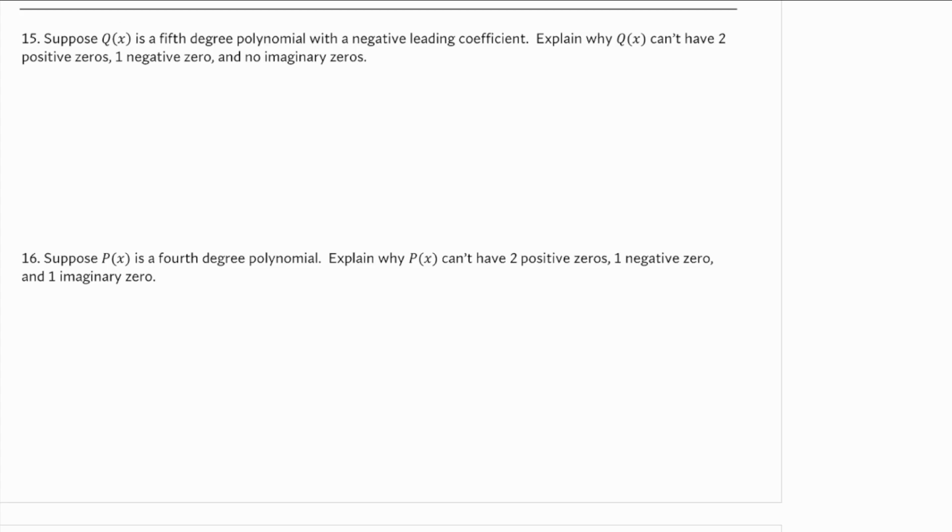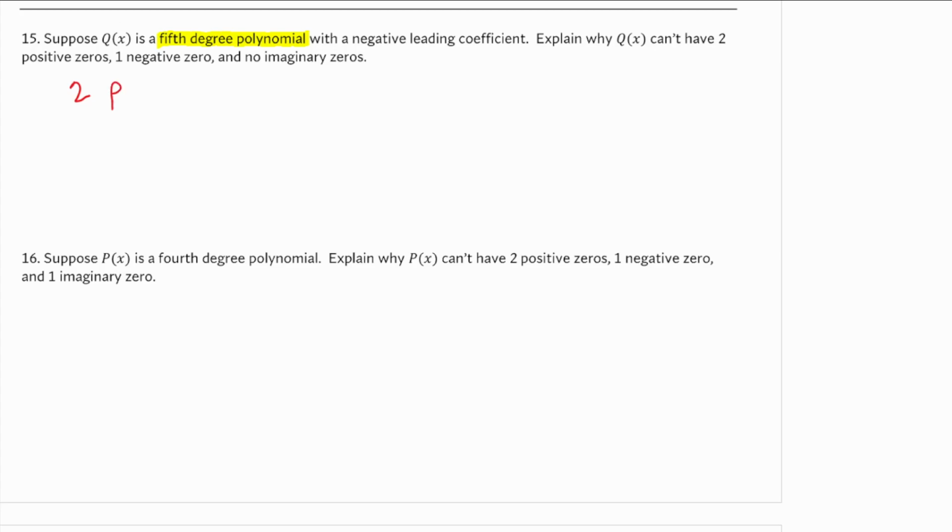So it's good practice. So Q is a 5th degree polynomial with a negative leading coefficient. Explain why Q can't have 2 positives, 1 negative, and no imaginary. Oh, well, it's a 5th degree polynomial, right? So I got to add up to 5 roots. 2 positive zeros, 1 negative zero, and no imaginary.